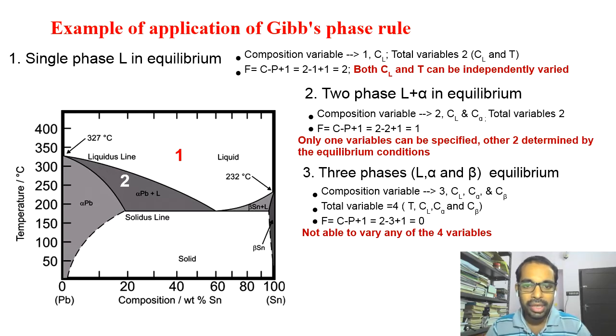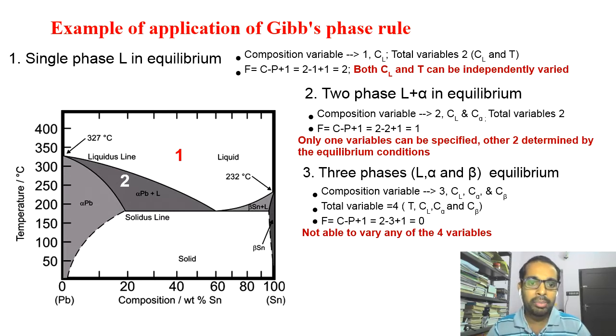Here we have compositions of both phases: the composition of liquid, Cl, as well as the composition of alpha, represented as C alpha. And there is also the temperature variable. So the total number of variables now increases to 3. Previously it was 2.